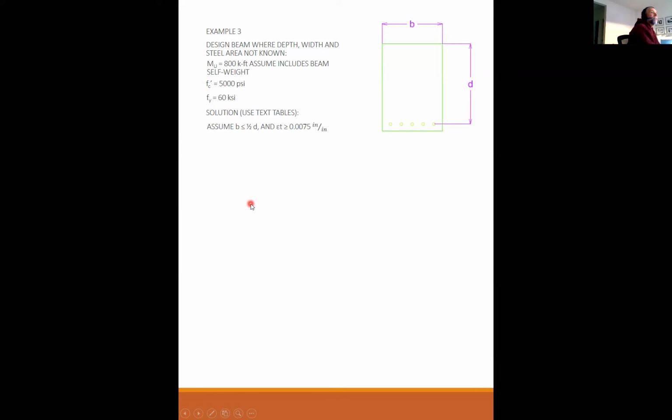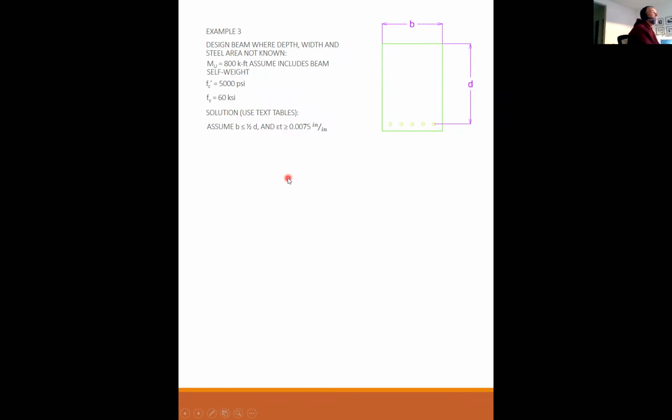Okay, so we need some guidance on this. Think of it this way. If I didn't give you guidance, then with 32 people in this class, we would have 32 completely different answers. And they could all be correct because there's an infinite number of combinations to achieve 800 kip feet of capacity with different values for b and d.